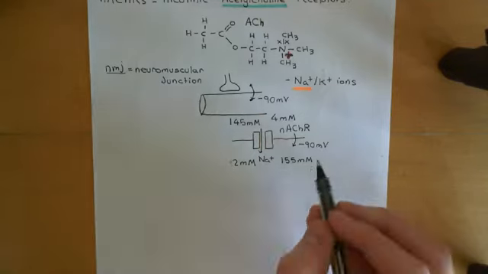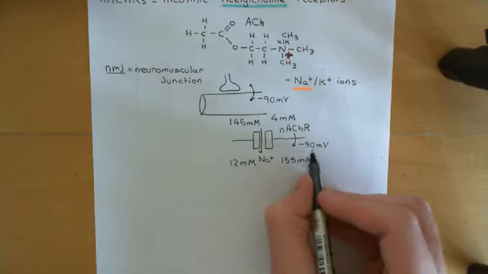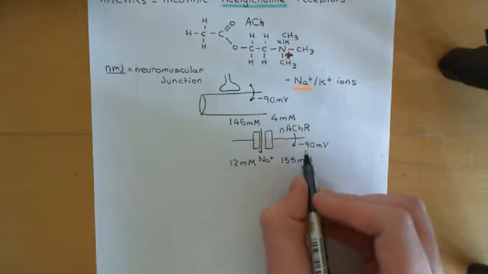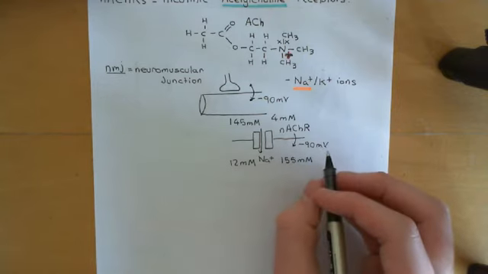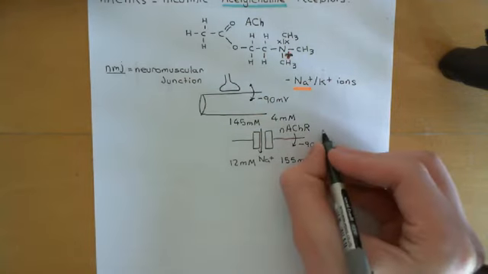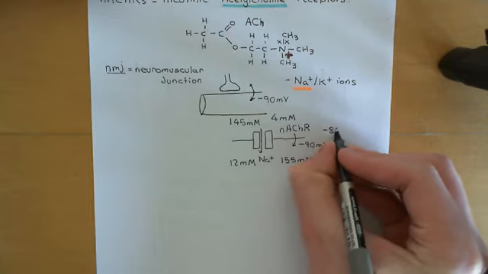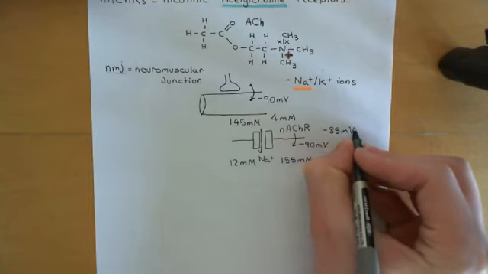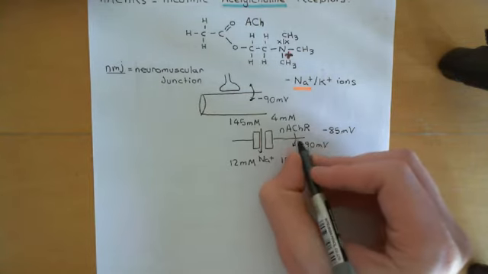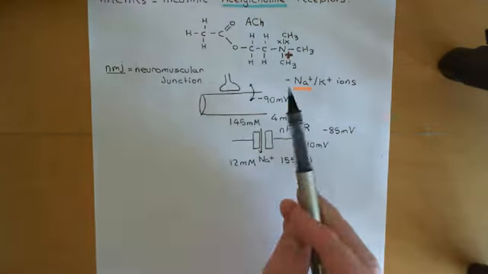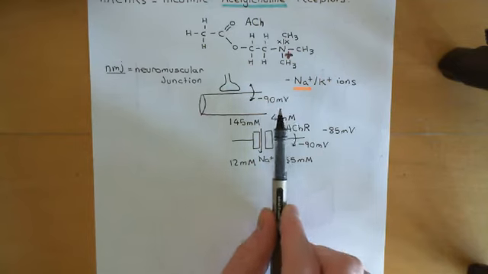Well, basically, at around negative 90 millivolts, the electrical gradient is actually stronger than the concentration gradient, so you might get a tiny movement in. The Nernst potential for potassium is around negative 85 millivolts. The Nernst potential is the electrical potential difference that you need across the cell to completely stop any movement of potassium.